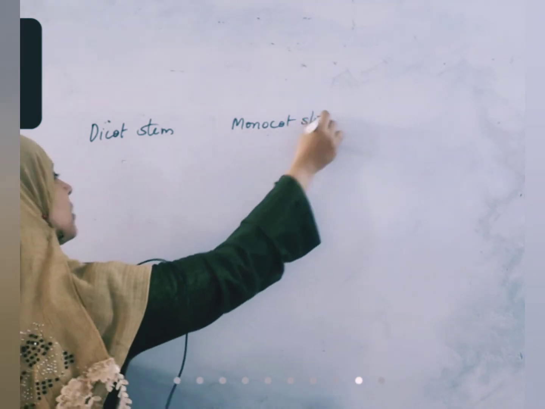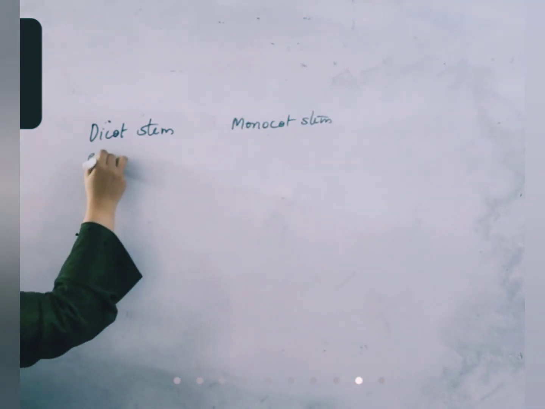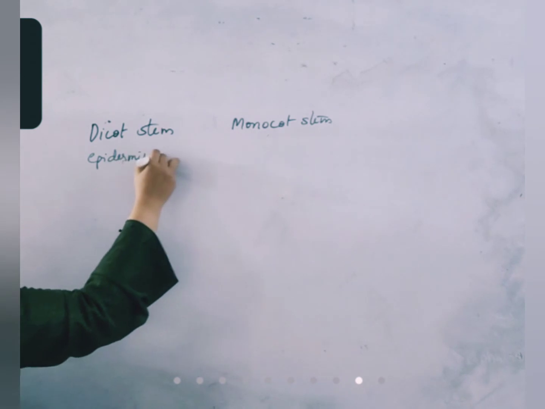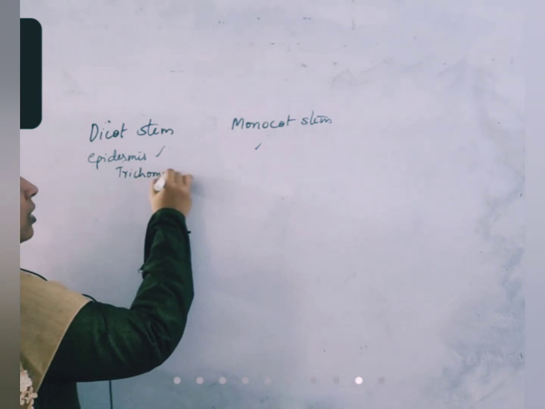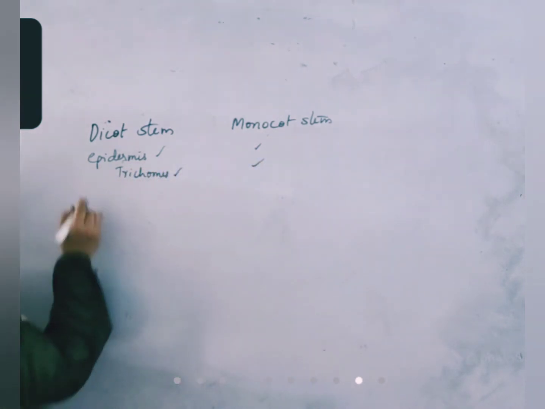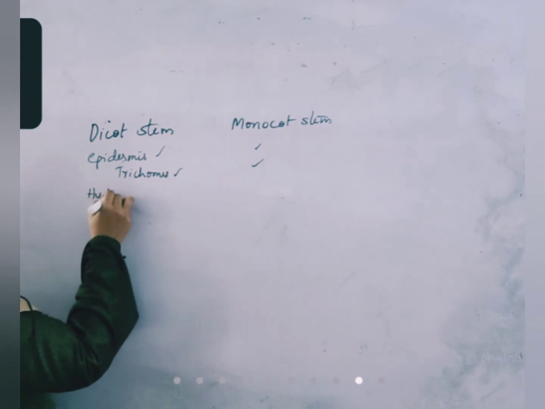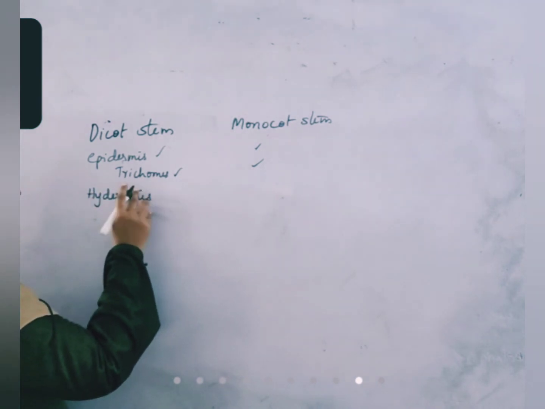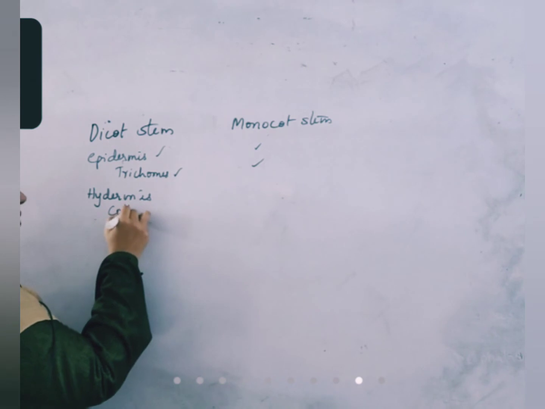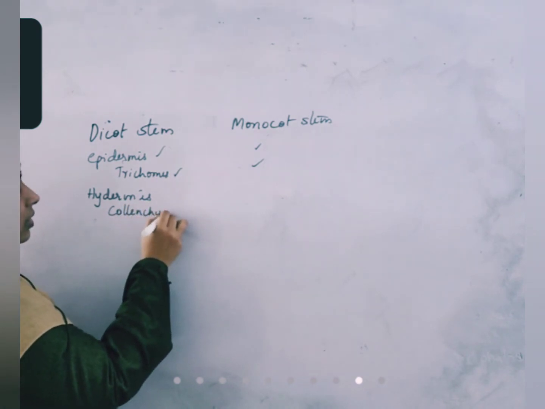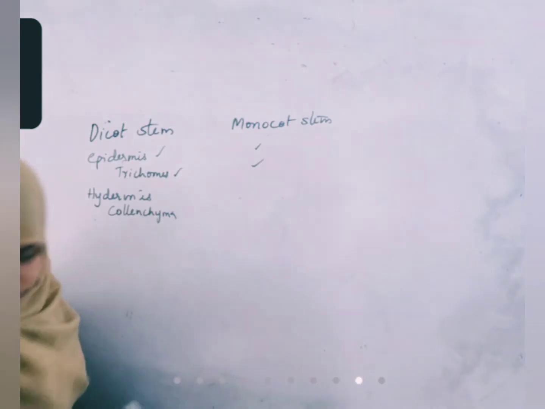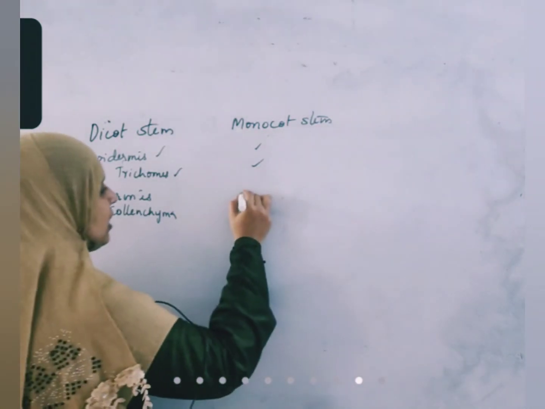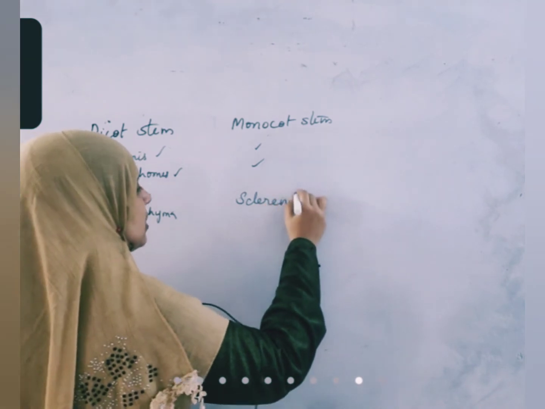What is the difference? Here, epidermis is present. Trichomes are present. Yes, here also it is present. Hypodermis is made up of collenchyma here. Here, what is hypodermis made up of? Sclerenchyma.